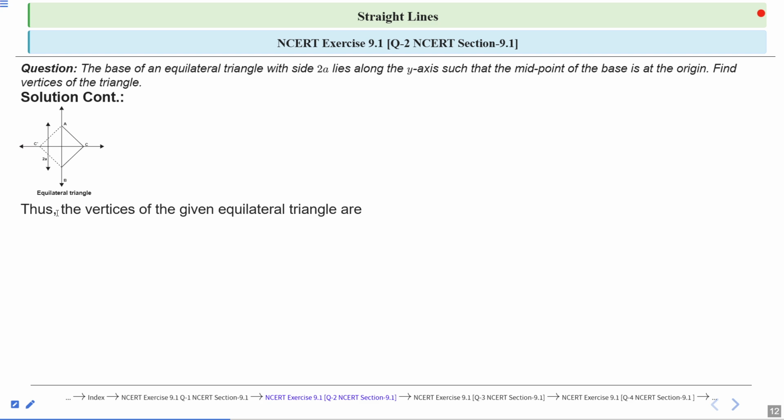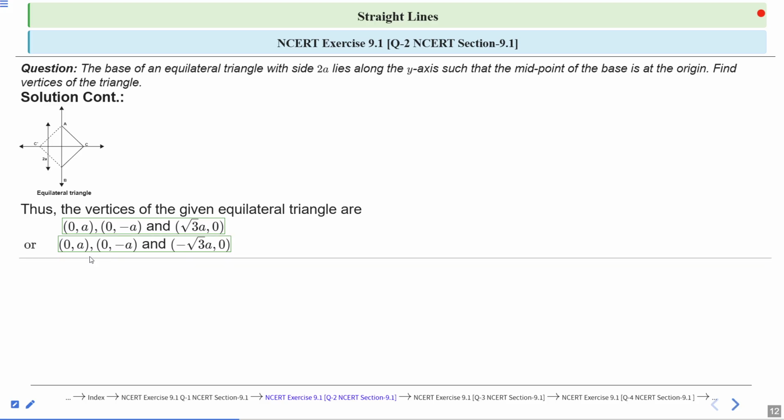Thus the vertices of the given equilateral triangle are (0, a), the coordinates of B are (0, minus a), and the coordinates of C are (plus or minus root 3a, 0).